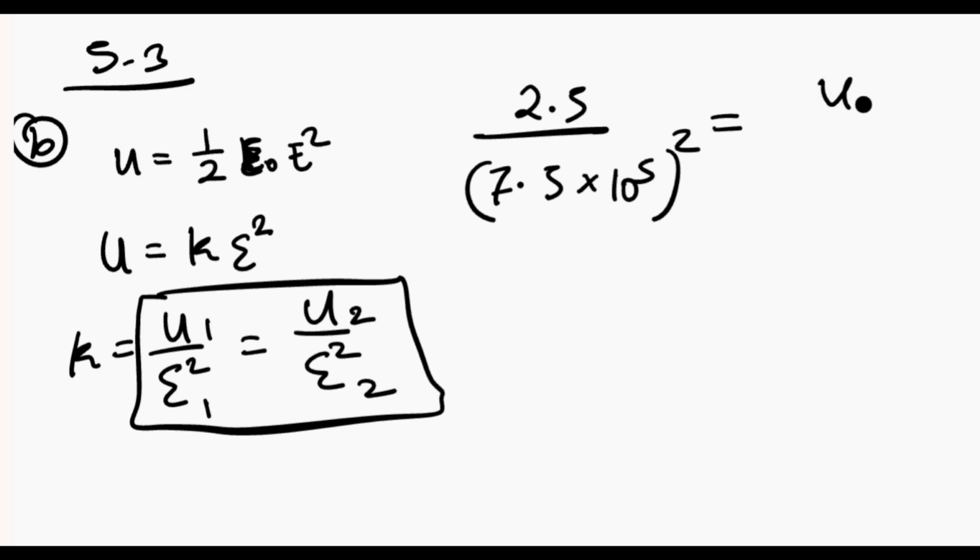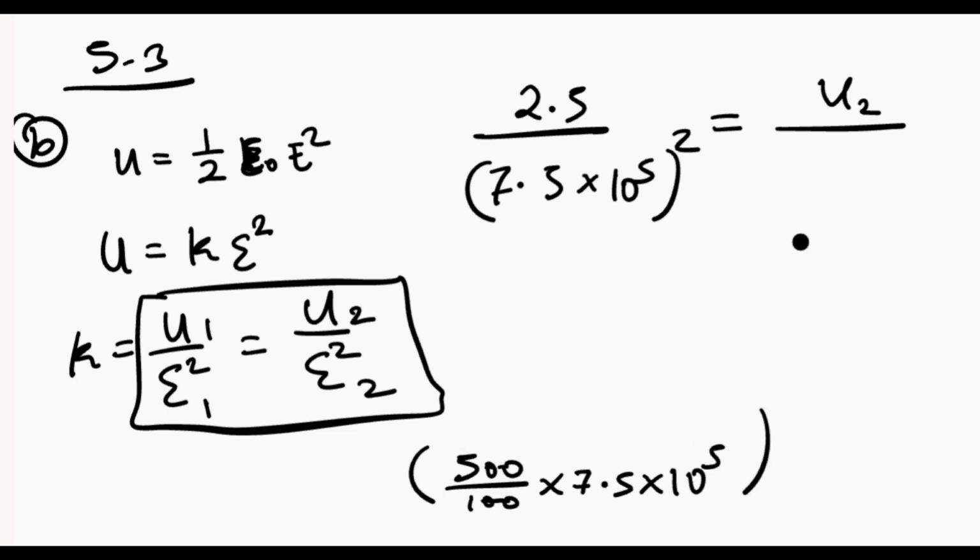Because they say how much energy will be stored. What's our E2? Now they said E2 is increased by 500%. So that is 500% of E1. So that's 500 over 100 times 7.5 times 10 raised to power 5. 500 over 100 is 5, so that's the same thing as 5 times 7.5 times 10 raised to power 5.